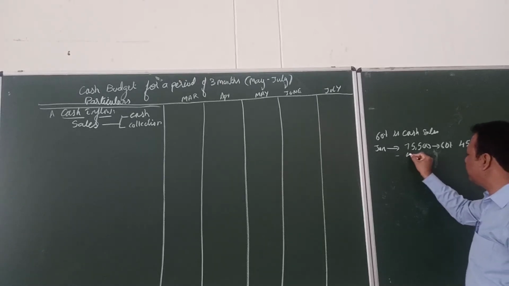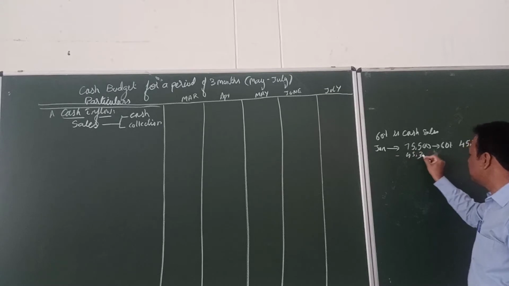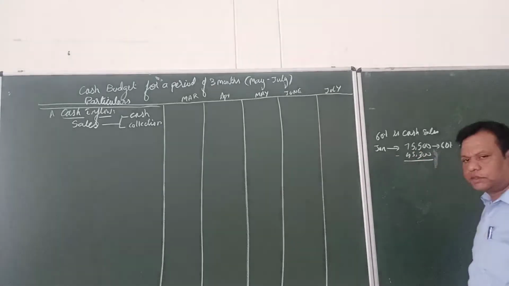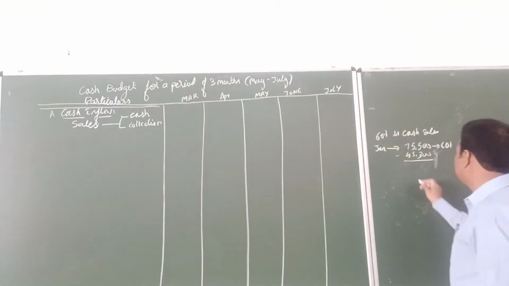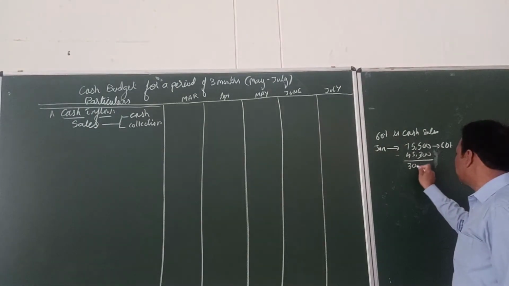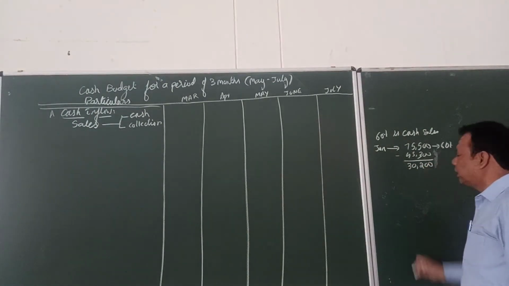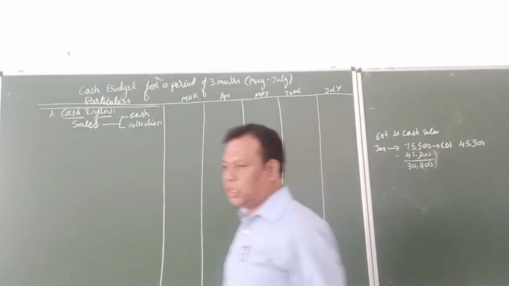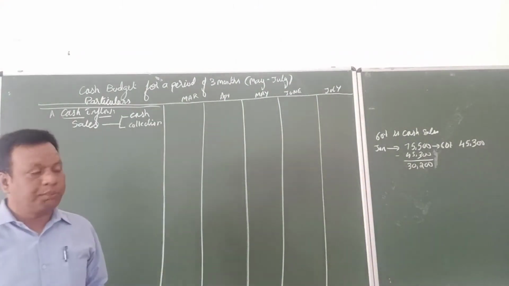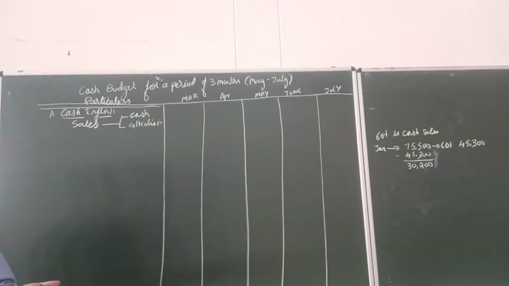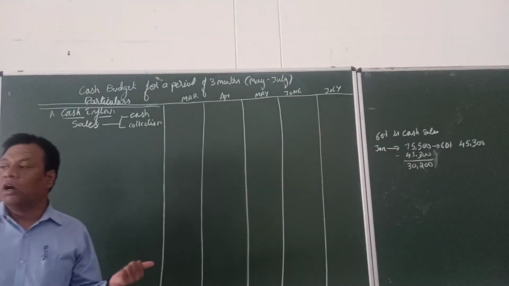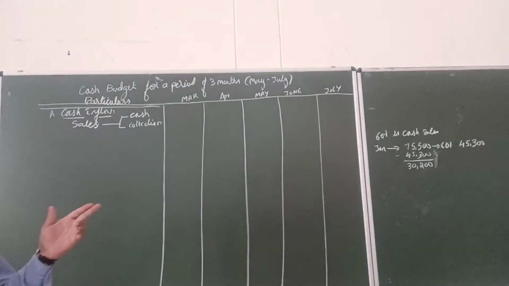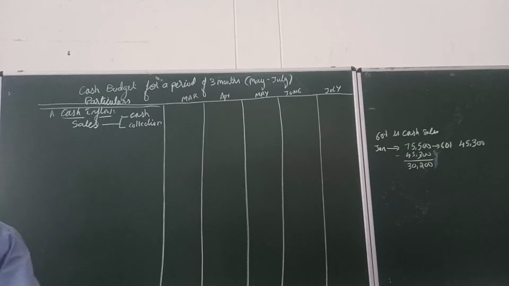So minus 45,300, the remainder comes to 30,200. The 45,300 we receive in the same month, the month of January, and the remaining 30,200 we are going to collect in two equal installments over 2 months.